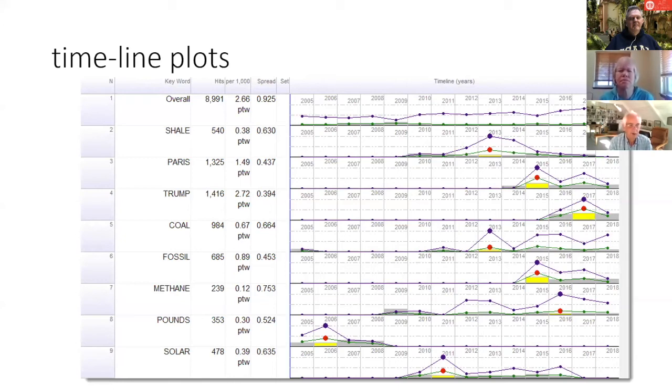If you look at Trump, you will see that the mentions of that word Trump is particularly prominent in 2017, which is not a great surprise. Most of this is pretty obvious.